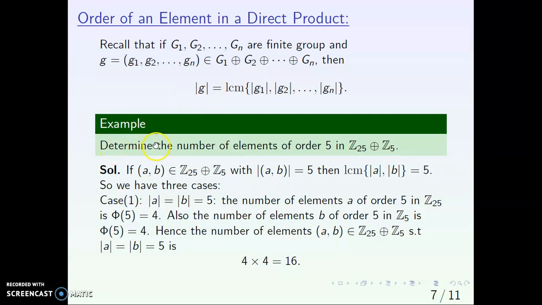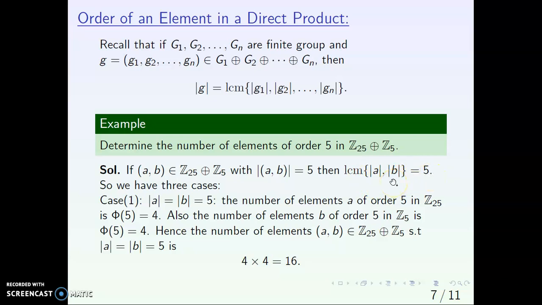Question. Determine the number of elements of order 5 in Z25 ⊕ Z5. Solution. If (a, b) belongs to Z25 ⊕ Z5 with order of (a, b) equals 5, this means the least common multiple of order a and order b equals 5.